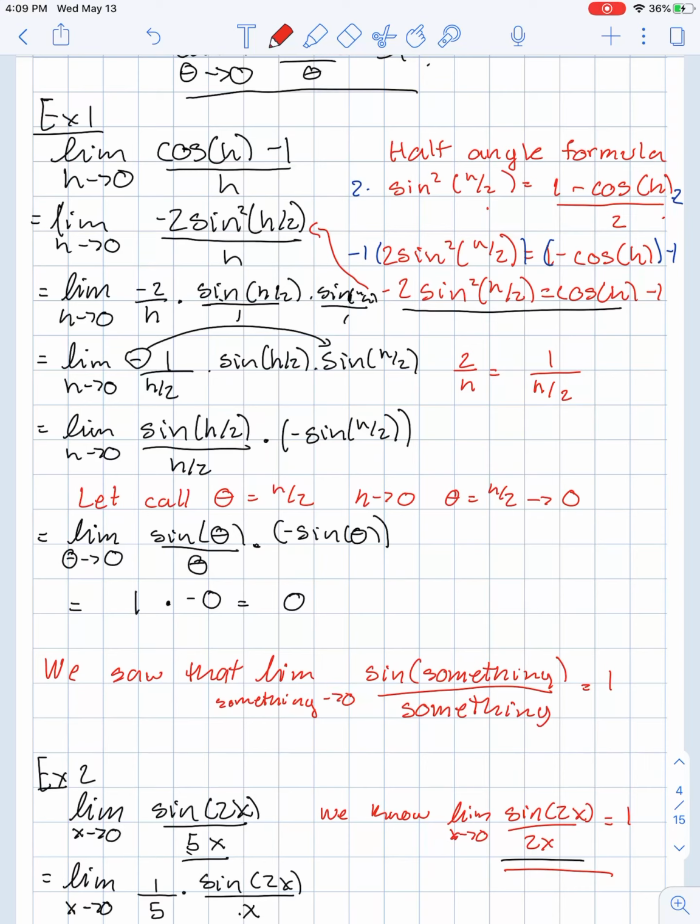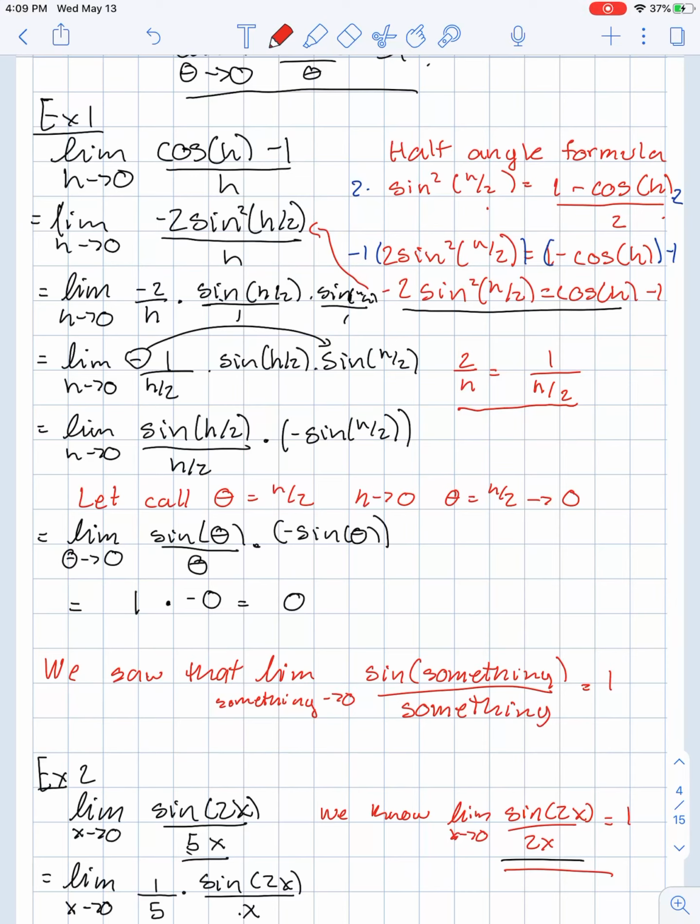So now we have this negative 2 over h. I can show you that 2 divided by h is equal to 1 divided by h over 2. It's 1 over its reciprocal, so I can flip it and then write 1 over itself, and those two things are going to be equal.